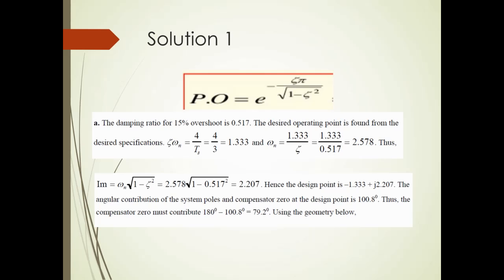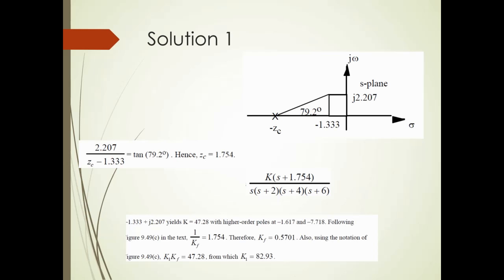Using the geometry below, as you can see in the diagram, you have negative Zc and negative 1.33 with an angle of 79.2 degrees in the s plane. So as the formula goes, we got 2.207 over (Zc minus 1.333) equals the tangent of the angle.